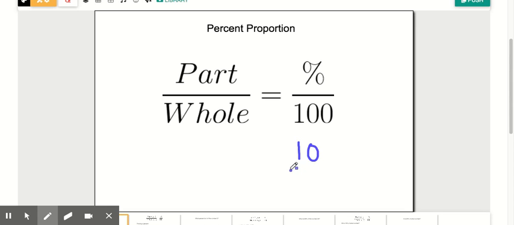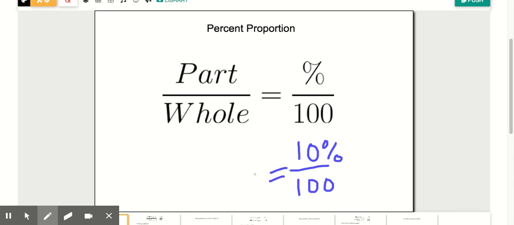What that means is that if I have 10%, I would write my percent as 10% out of 100. Now, I want to write an equivalent ratio to that.